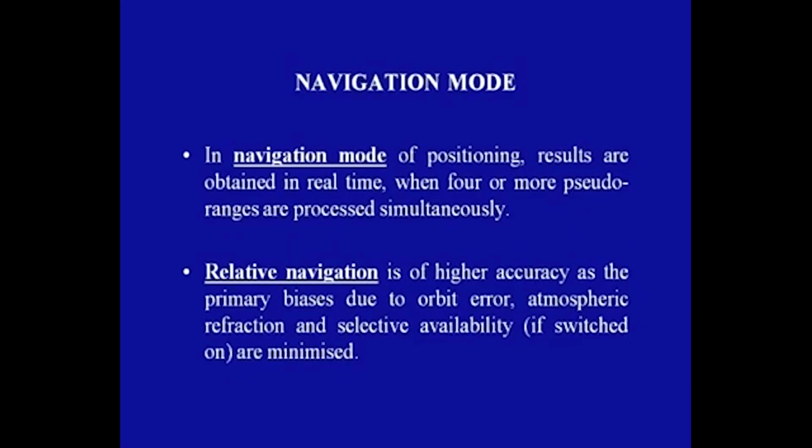In navigation mode of positioning, results are obtained in real time when 4 or more pseudo ranges are processed simultaneously, whereas relative navigation is of higher accuracy, primarily as the primary biases due to the orbit error, atmospheric refraction and selective availability are minimized.